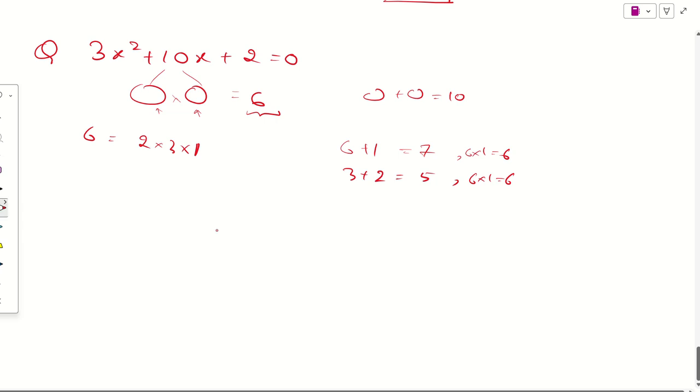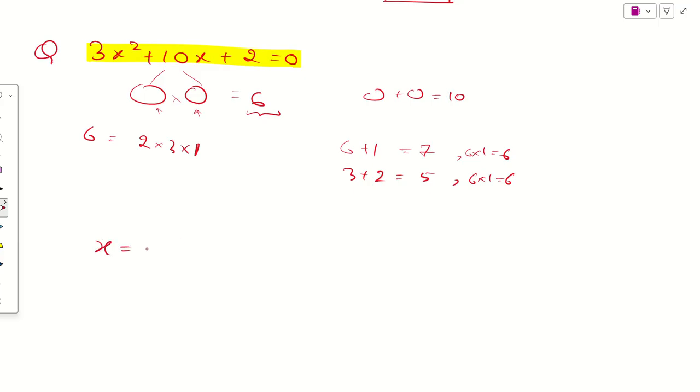But it doesn't mean that this equation has no roots. We have roots of this equation. Let's say the roots are minus 5 plus under root 19 upon 3, and the other root is minus 5 minus under root 19 upon 3.